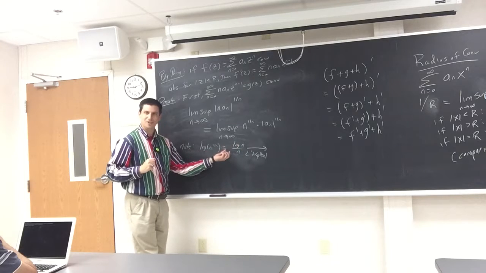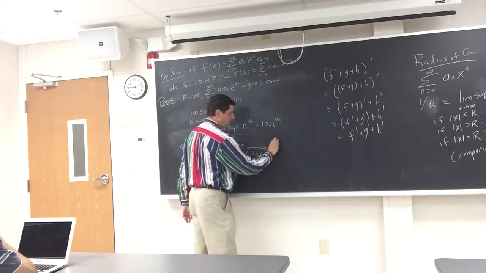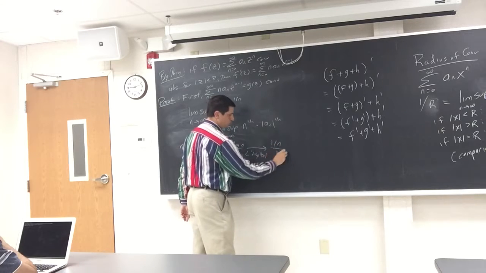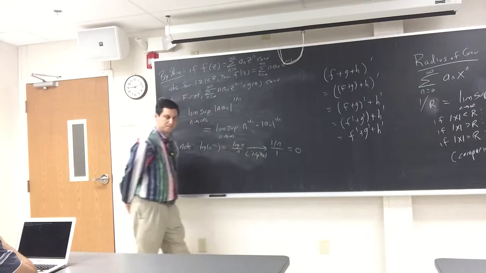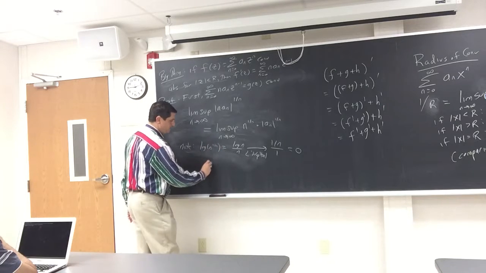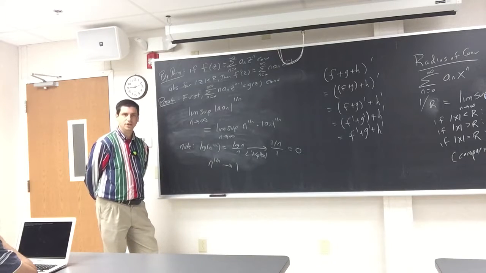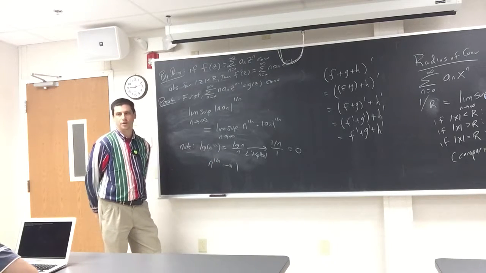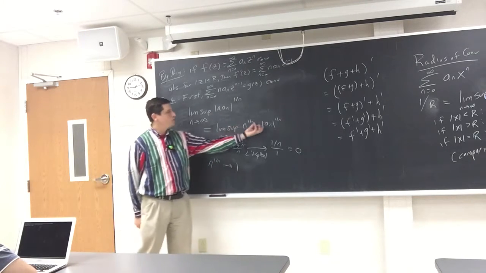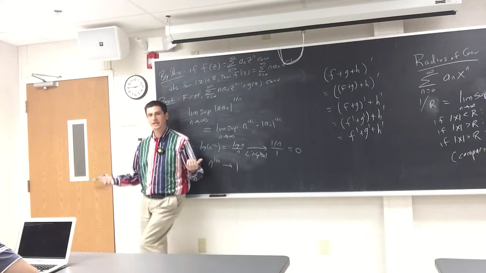So when you L'Hopital log of n over n, what's the derivative of log of n? That's 1 over n. The derivative of n is just 1. That's 0. So if the log of this quantity is going to 0, that means n to the 1 over n is tending to 1. So you can get this as close to 1 as you want. So the lim sup of this quantity is going to be the same. So the series will converge in the same region.